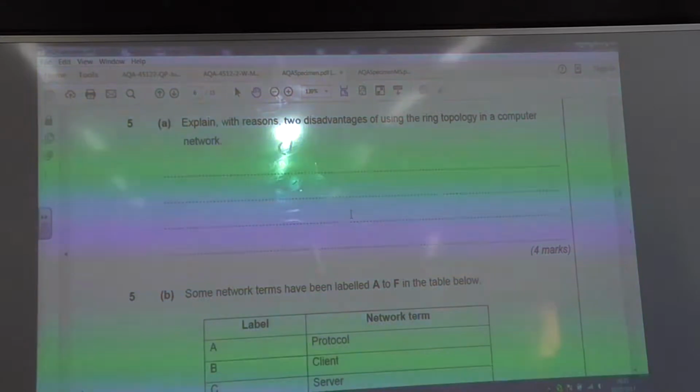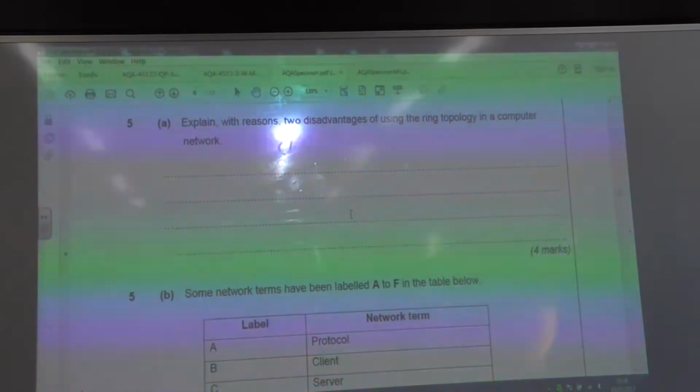Some people let themselves down because they, for example, didn't explain it. So they said maybe something like, if one computer goes down, the whole ring will go down. Well, I think that's the explanation, isn't it? So what's the disadvantage?